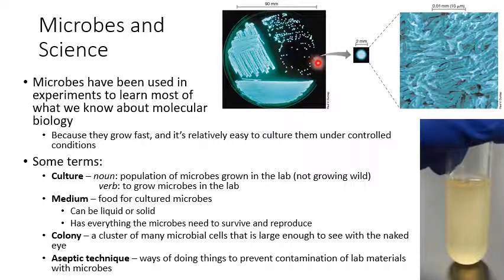If you were to take one of these colonies and zoom in, it might look like that. And if you zoomed in even further with a really fancy microscope, you might see something like this. These are all different cells. There's a cell, there's a cell, there's a cell. It's millions and millions of little cells all jammed together to make this little colony.